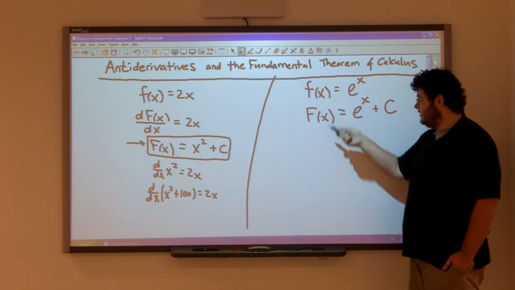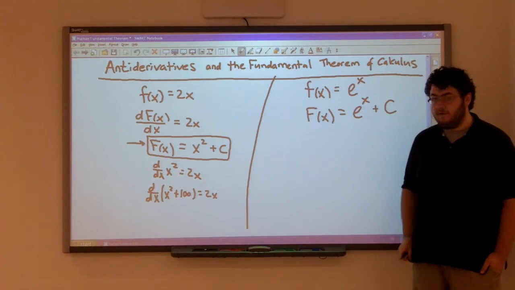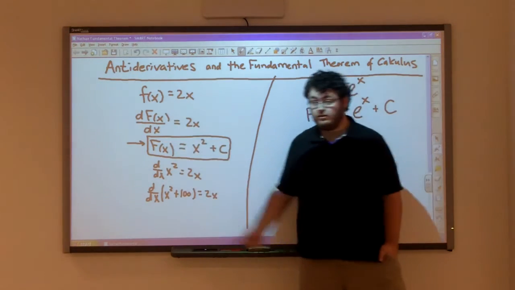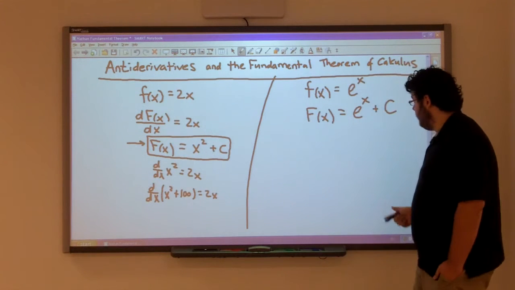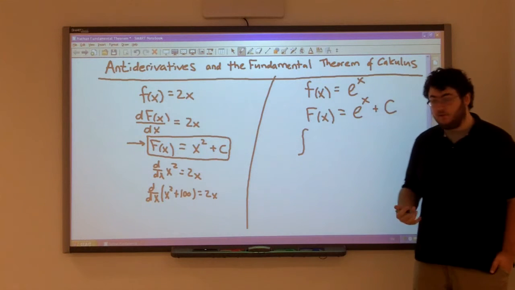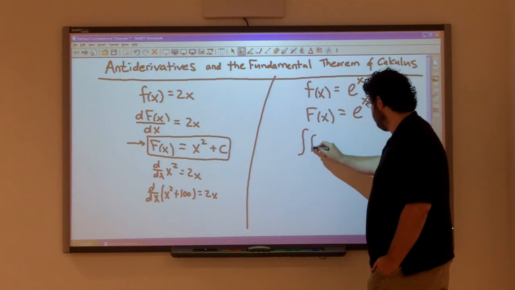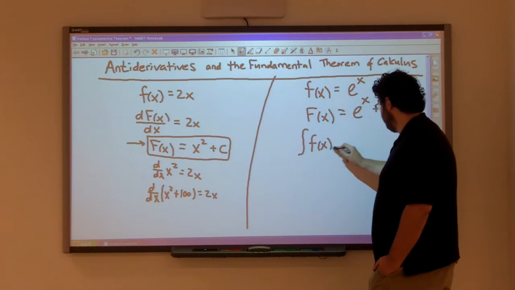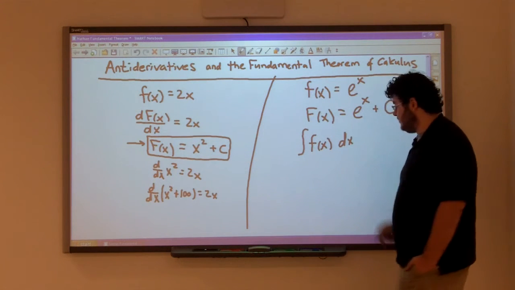It would be nice if we had a symbol to say find the antiderivative, just like we have a symbol to say take the derivative. And we do. This symbol, which we call the integral, says find the antiderivative of f of x with respect to x.